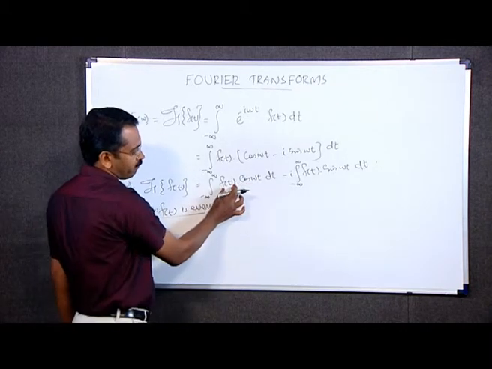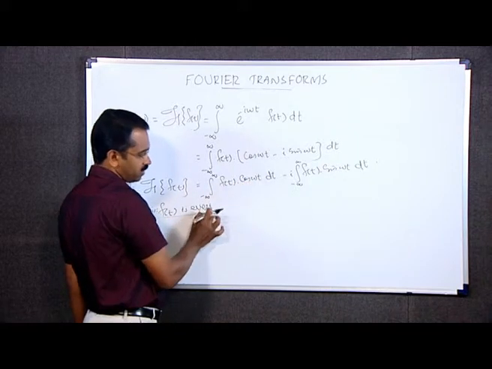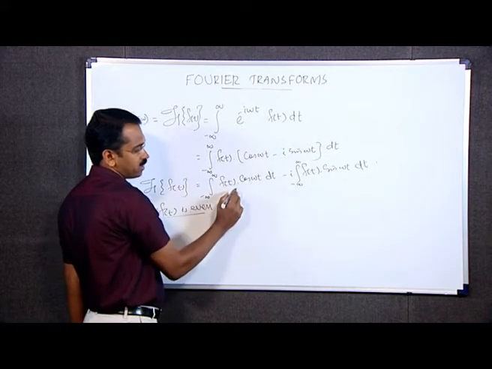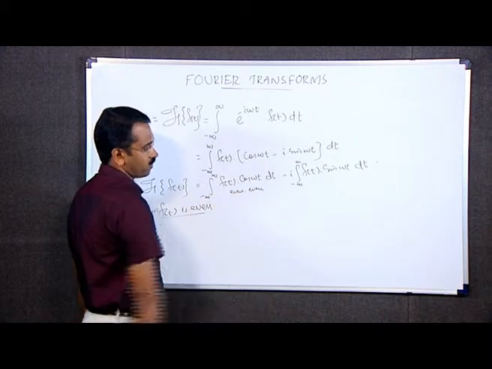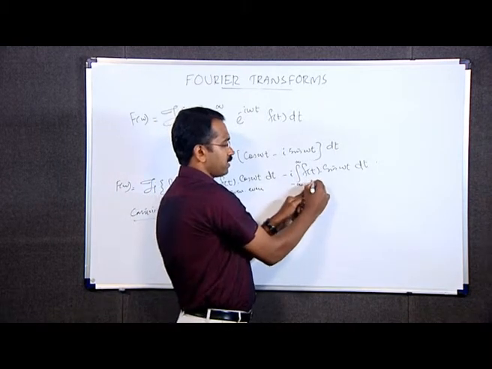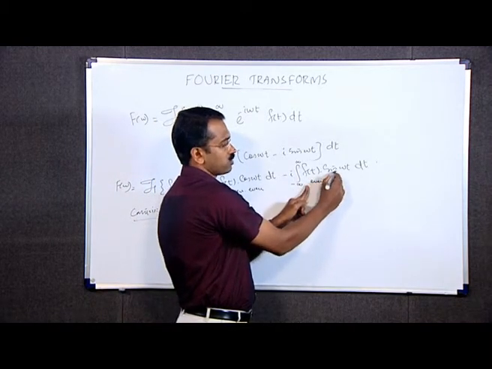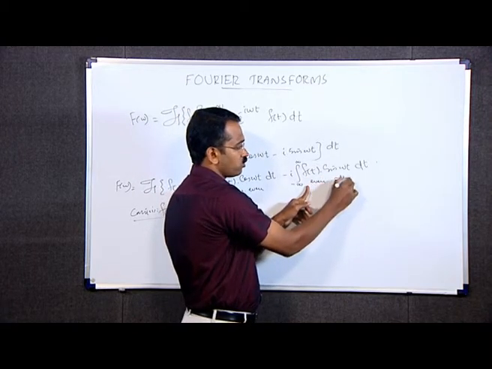Therefore, f of t into cos omega t means f of t is even into an even function, even into even. In this integral, here f of t is an even function into sin omega t is always an odd function, therefore even into odd.